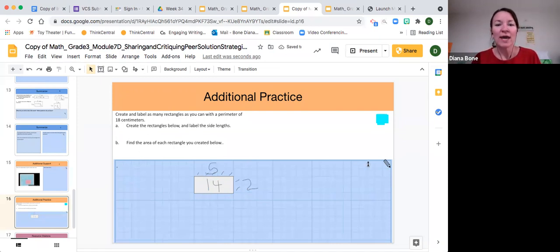However, if we know that 2 of the sides are going to be equal and the other 2 sides are going to be equal, then really we just need to make sure that 2 of our sides equals half of 18. Half of 18 is, that's right, 9.